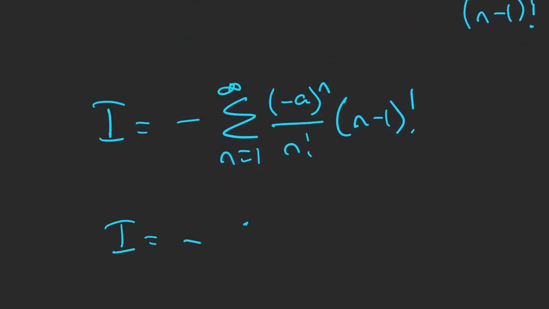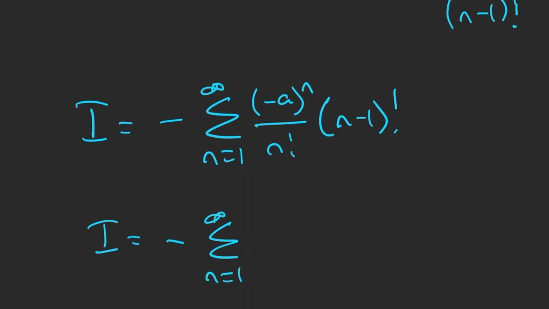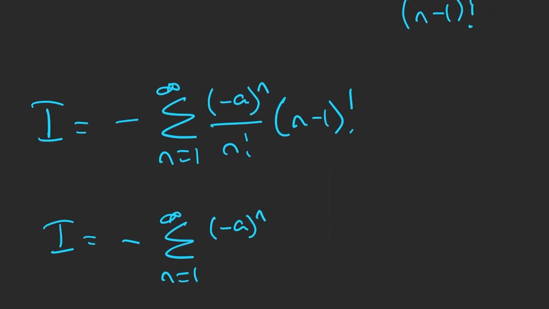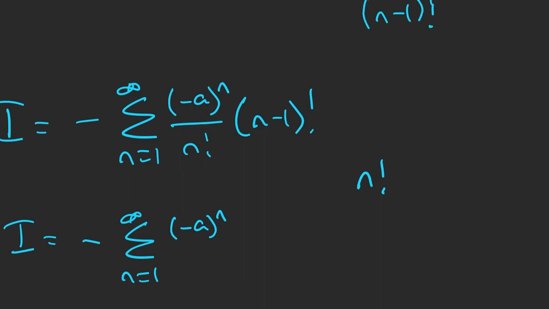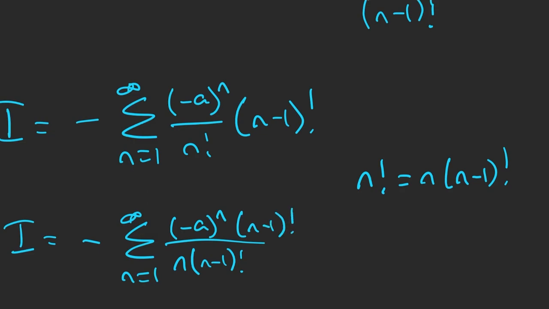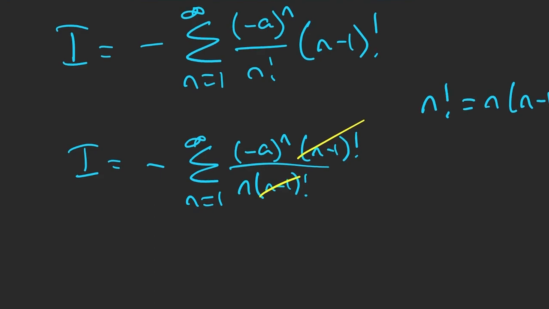Now, what is n factorial if not just n times n minus 1 factorial? So we can write n minus 1 factorial, and that n minus 1 factorial is of course at the top. And what happens? Well, they're gone.